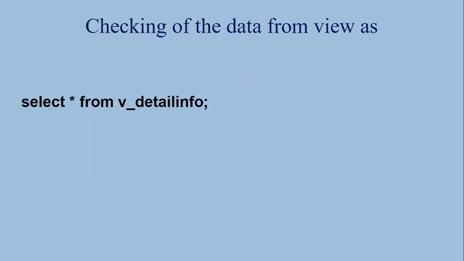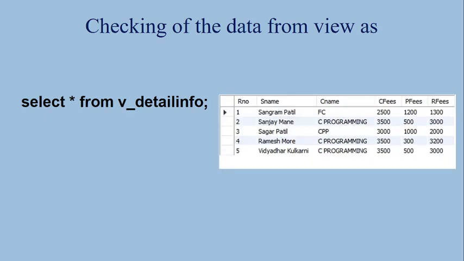And if you give select star from v_detail_info, it will give you what we are expecting: roll number, student name, course fees, paid fees, and remaining fees. This is what we are expecting. This is what we want.